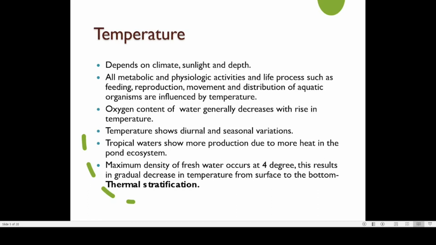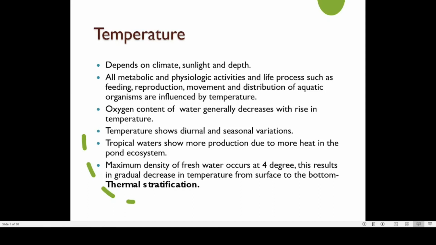That means if the water is at a higher temperature, it cannot support a large number of fish because there is a shortage of oxygen. But cooler water contains more oxygen, so it can support more fish. Warm water cannot support a lot of fish.